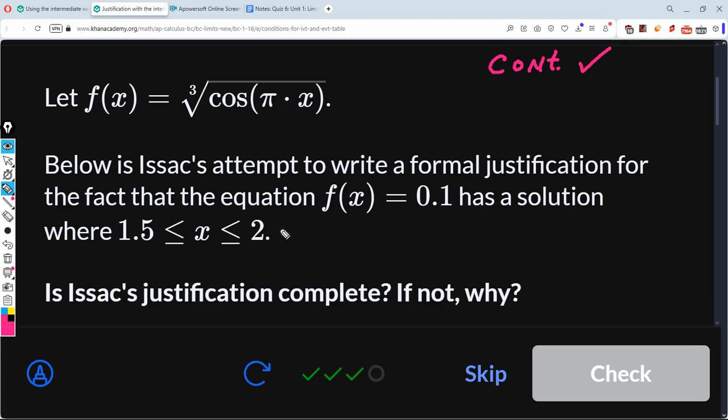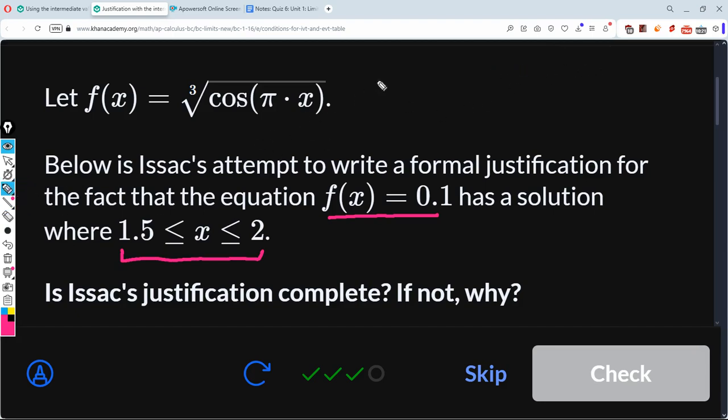Now, we want to see if it's possible that f of x equals 0.1 between the x values of 1.5 and 2. So we're going to have to evaluate the function at those values.